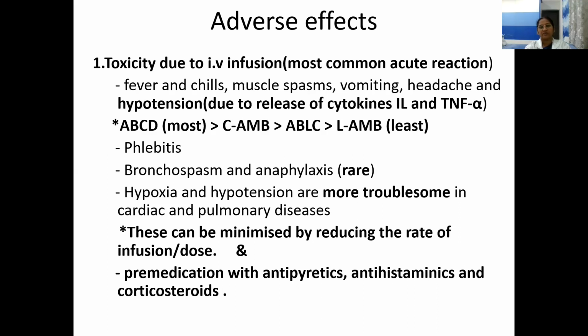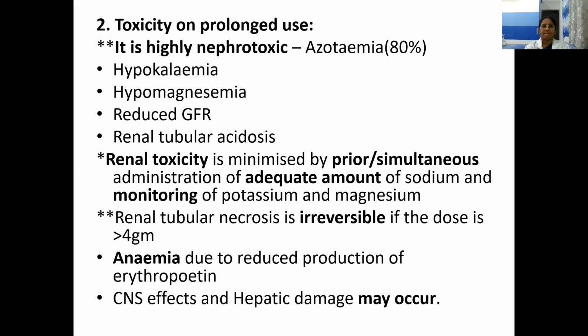Bronchospasm and anaphylaxis are very rare. Hypoxia and hypotension are more troublesome in cardiac and pulmonary diseases. This can be minimized by reducing the dose or rate of the drug and pre-medication with antipyretics, antihistaminics, and corticosteroids.